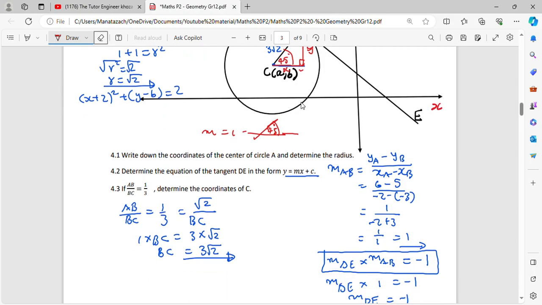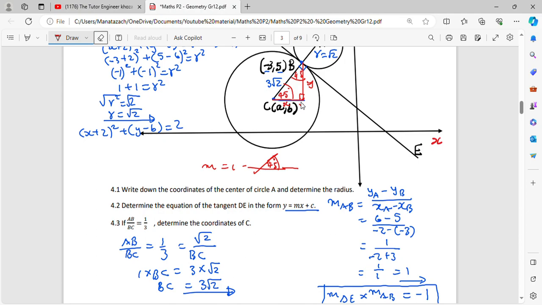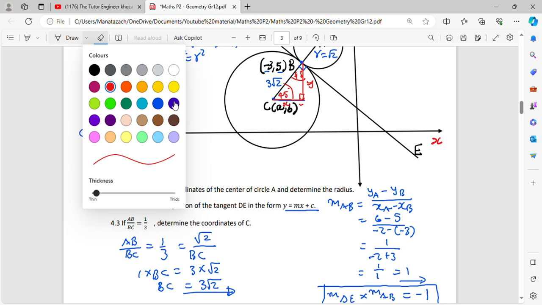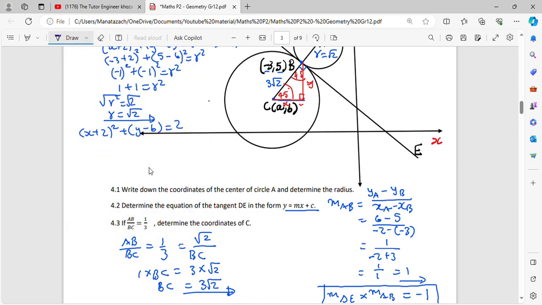Okay, let's just wipe this off so that you can have a little bit of space. We know that cos 45 to find x is equal to x divided by r.